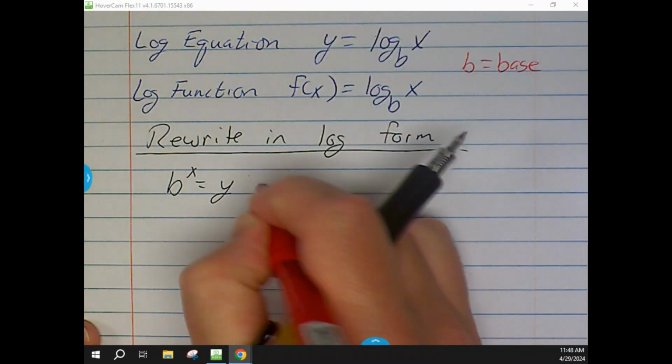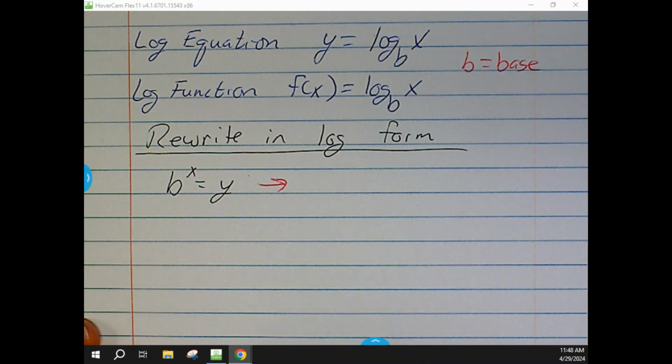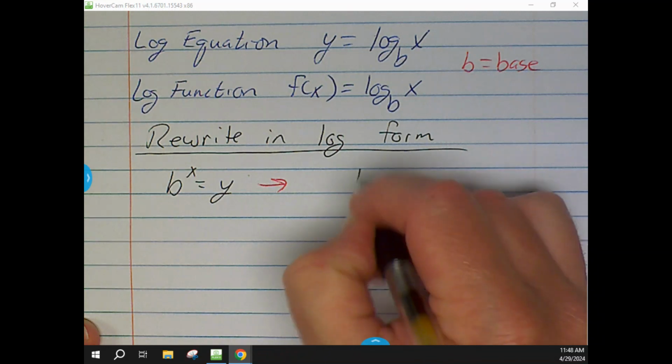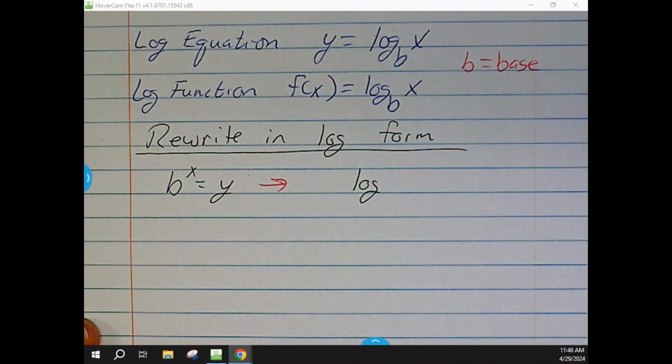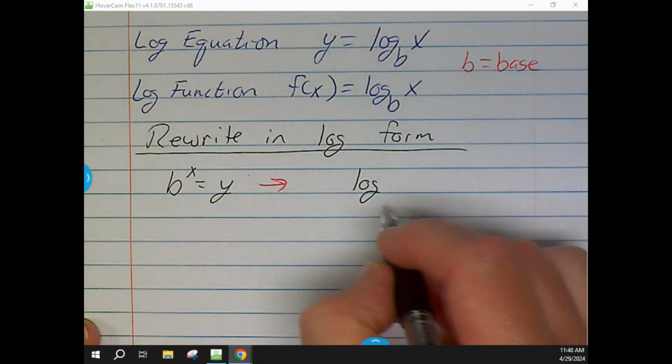When you rewrite it, here's all you have to do. You put the word log in there. The b that's here is going to stay the same. It's going to stay at the bottom.